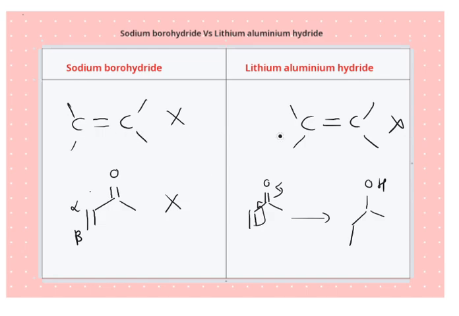Remember, if we just have a carbon-carbon double bond, neither of them reacts. That's a similarity. But what is the difference? If there is an alpha beta unsaturated carbonyl, sodium borohydride will not react, whereas lithium aluminium hydride will reduce the carbon-carbon double bond along with the carbonyl. I hope I made it clear.